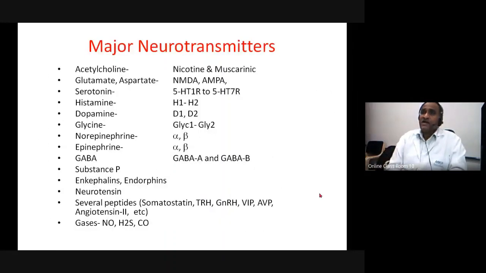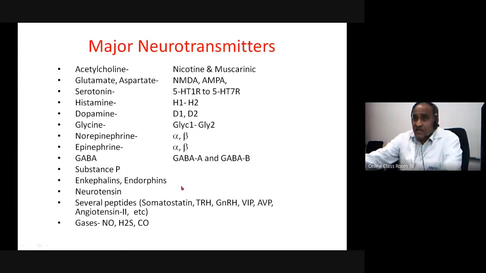Now coming back, what are the various major neurotransmitters? If I directly asked you this question in a class, I would have heard only acetylcholine. Everybody would have said acetylcholine. Yes, agreed, acetylcholine is a neurotransmitter. But more than acetylcholine, glutamate is the major neurotransmitter in the entire nervous system.